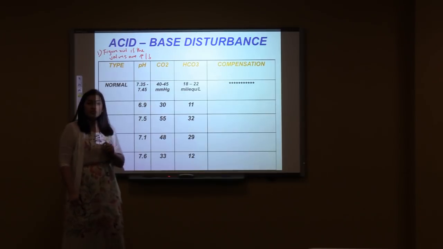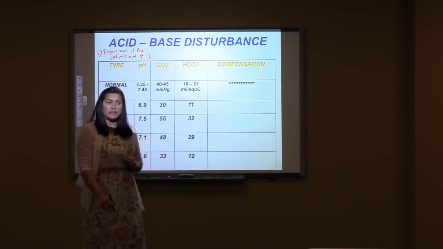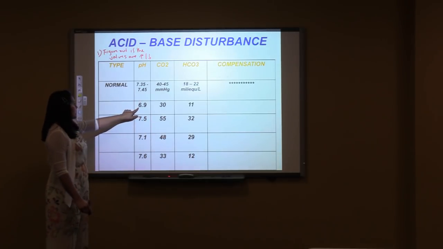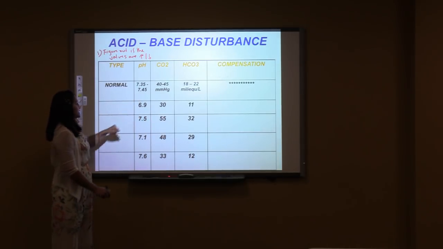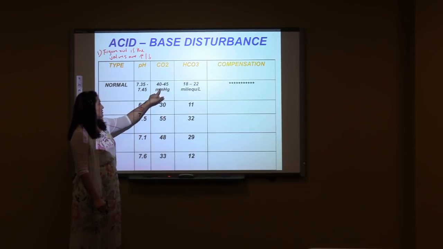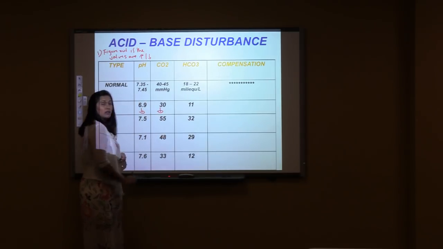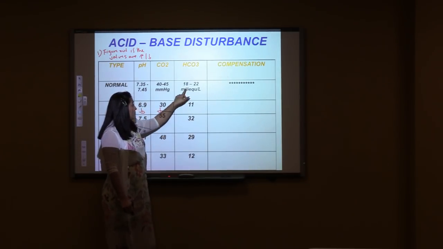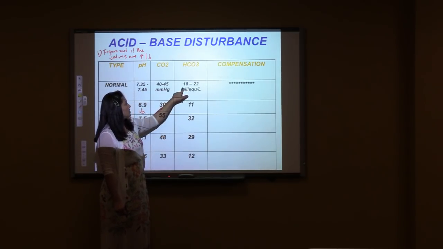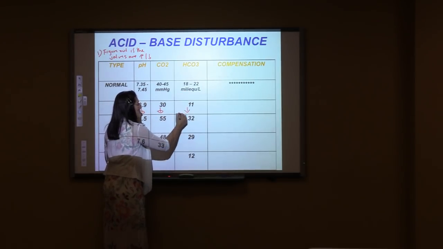Okay, so the first thing you do is always figure out if the values have increased or decreased. That's it, simple enough. So 6.9, here's the normal range, so this has decreased. Here's a value, it's 30. This is the normal range of CO2, so it has decreased. 11, here are the normal values, so you know that it has decreased.